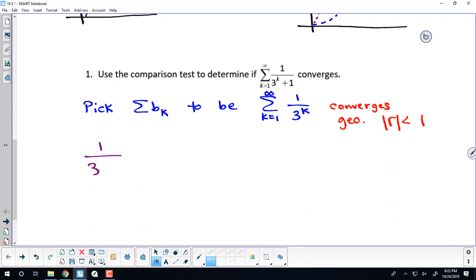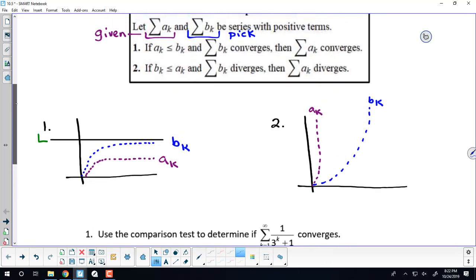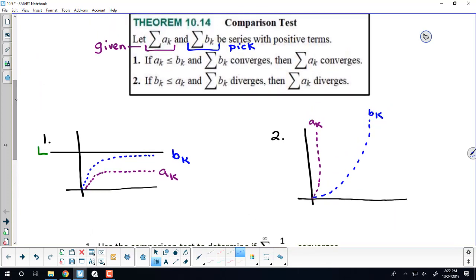So what do we know about 1 over 3 to the k plus 1 in relation to 1 over 3 to the k? As it approaches infinity, they're the same, right? But this comparison test, when we directly compare two things, we're not looking at it in the sense of a limit. If we do, then that's a different test.